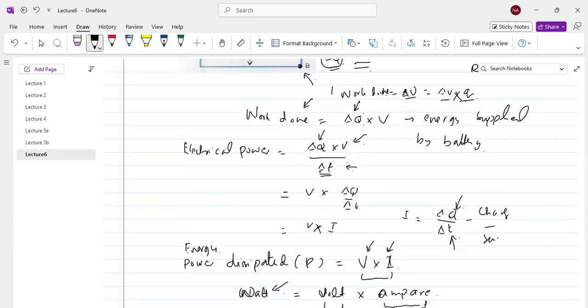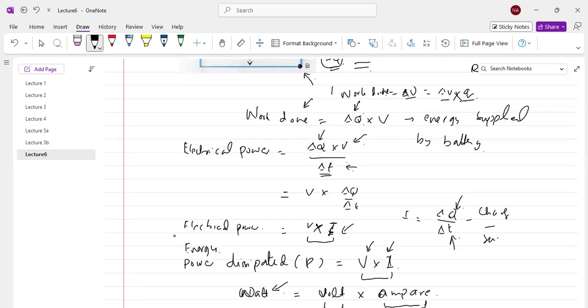Using the definition of current, we arrive at the conclusion that the electrical power of a source or battery is equal to the potential difference V maintained by the battery multiplied by the current I flowing through the circuit.